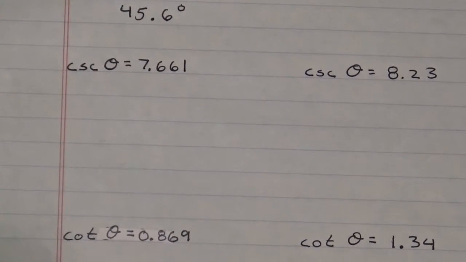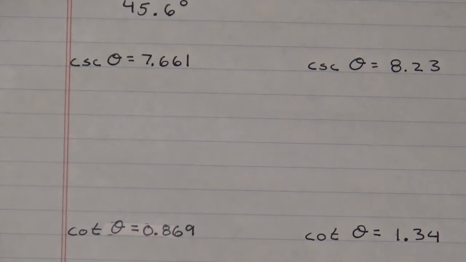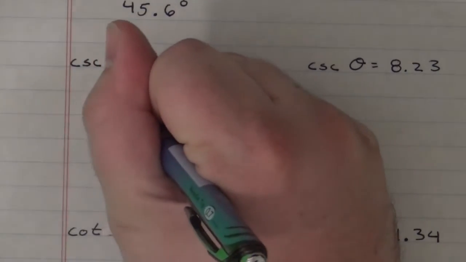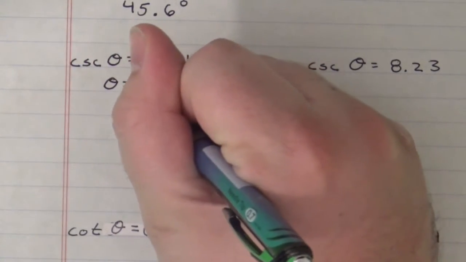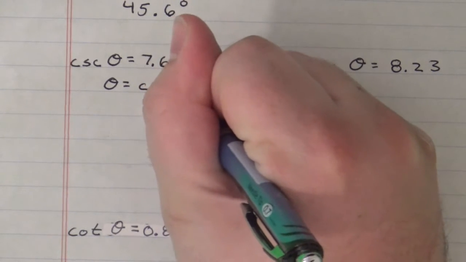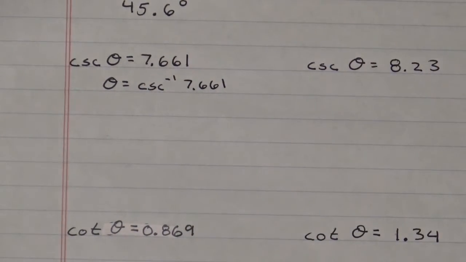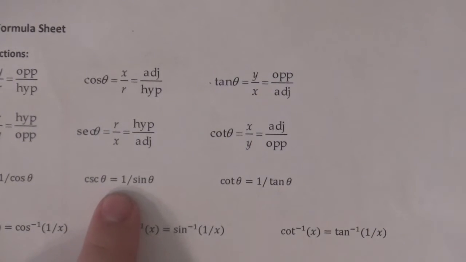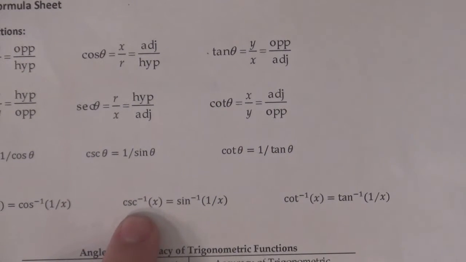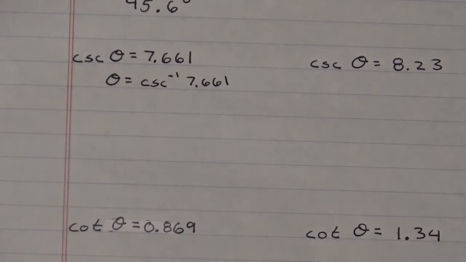All right. So cosecant is very much the same problem, and so we know that we need to find the inverse cosecant of 7.661, but we don't have a button for that. But according to our formula sheet, the inverse cosecant is equal to inverse sine of 1 over x.